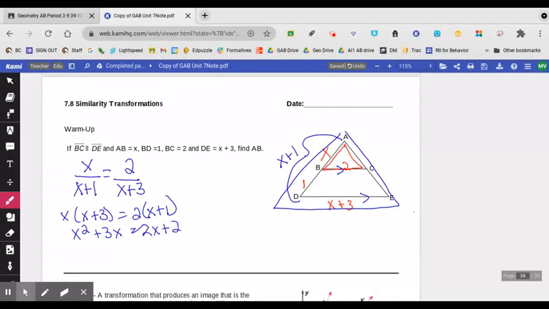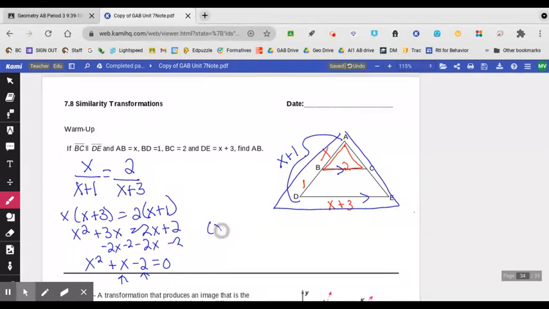It's quadratic, so it has to equal 0. So I subtract 2x and 2 from both sides because I never like to have x squared be negative. So that's x squared plus x minus 2 equals 0. And now I need to factor that. So I want numbers that multiply to be negative 2 and add to be 1, which would be positive 2 and negative 1.